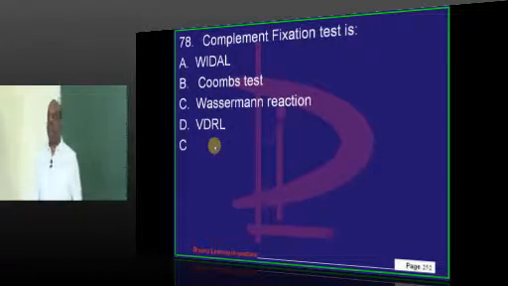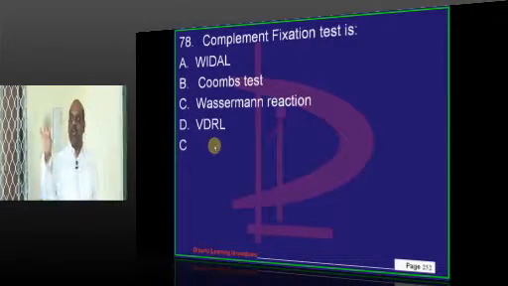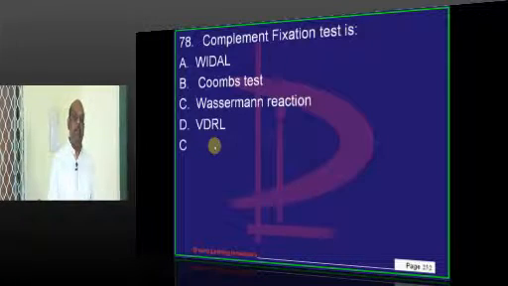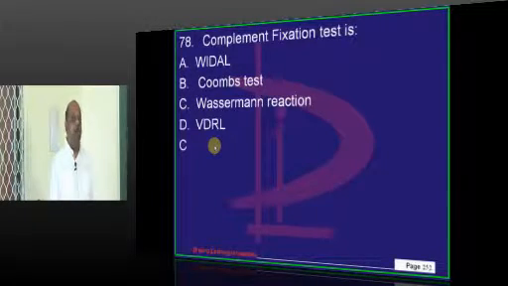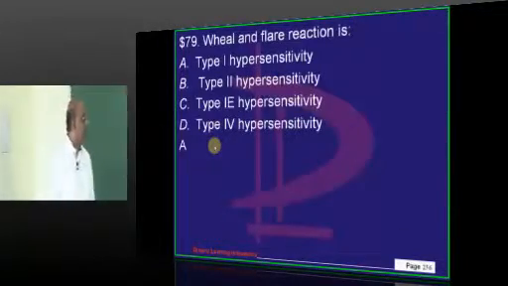In Wassermann's we use the complement fixation test. The four kinds of agglutination, complement fixation: VDRL is which type, Wassermann is which type, Vidal is which type, these are all the things in microbiology you have to swallow.